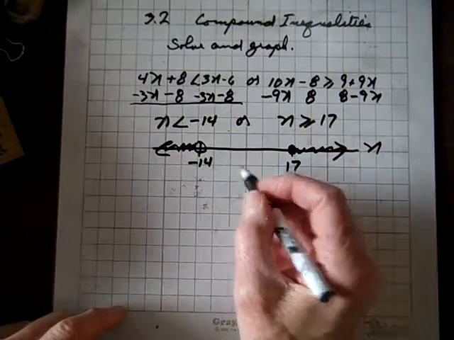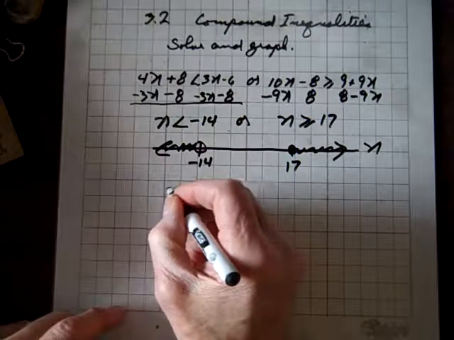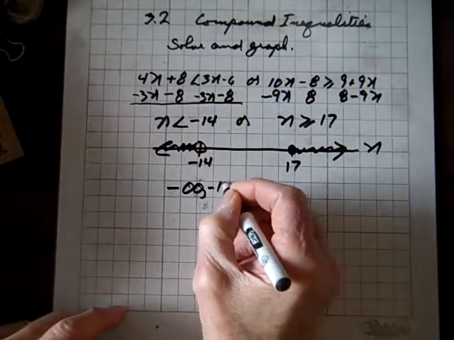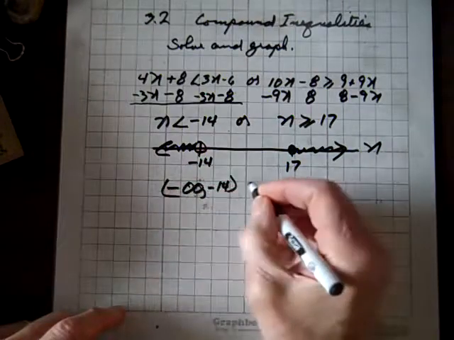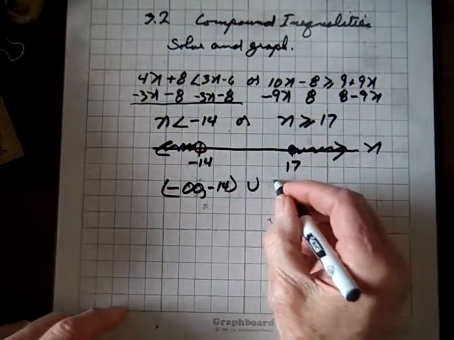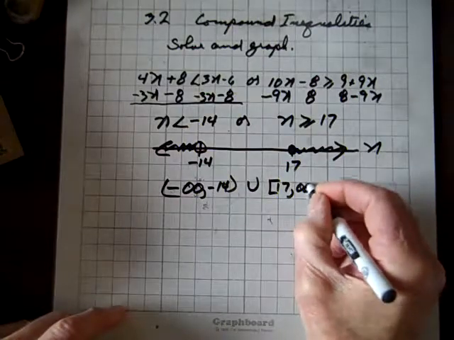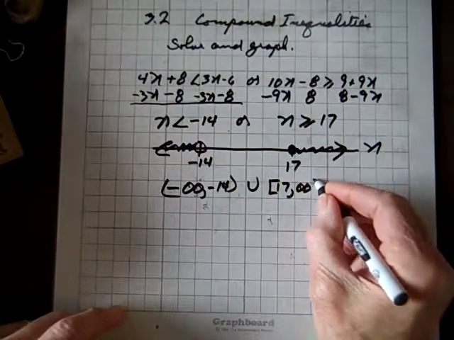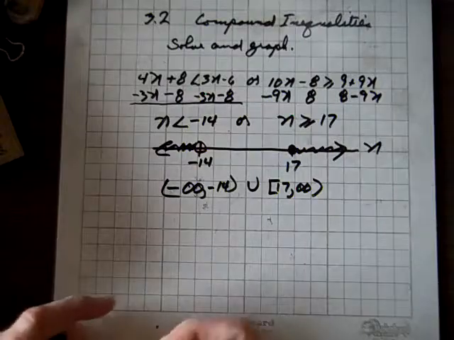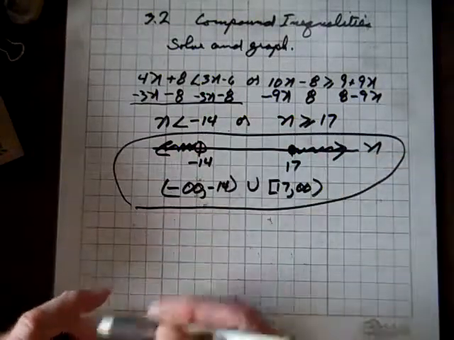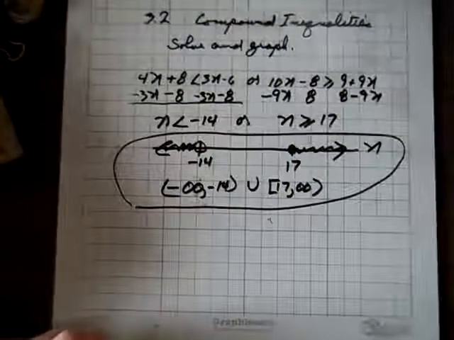So anyhow, in interval notation, the solution is negative infinity to negative 14, parenthesis, union with, bracket, 17, infinity, and parenthesis. And there's our solution, there's our graph. And okay, did it.